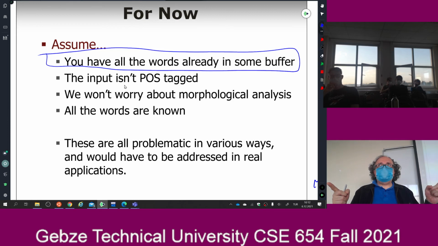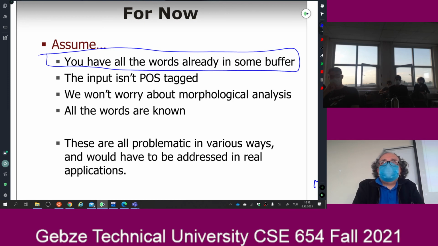Maybe I say the noun phrase part first and wait a little bit to give you the verb later. But here you get all the words in some buffer and start parsing later. We never argue that we are going to parse like humans. Humans work differently. It's like you cannot compile a program without seeing the whole program.